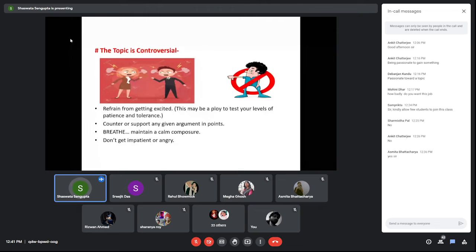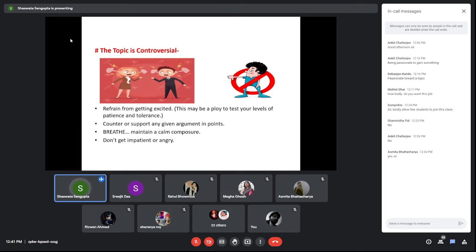Now, suppose someone is saying something and your feelings are getting hot. You're getting angered, you're getting pestered off, you're losing your temper. Do not do so. The topic might be very close to your heart, but whenever you are appearing for an interview, if someone says something about a particular topic regarding which you feel strongly, do not get excited.